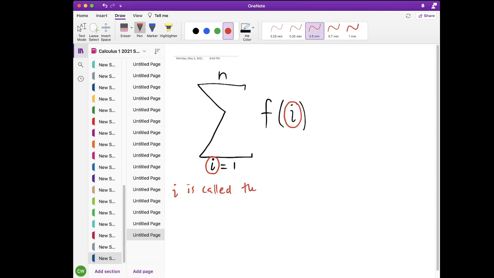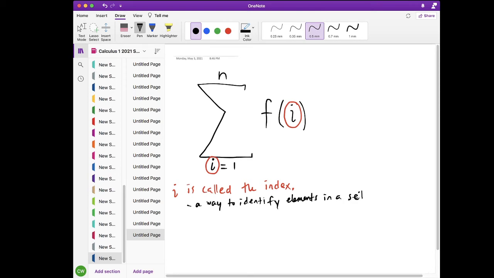Essentially, the index is a way to organize or identify elements in a set, like enumerating a set.